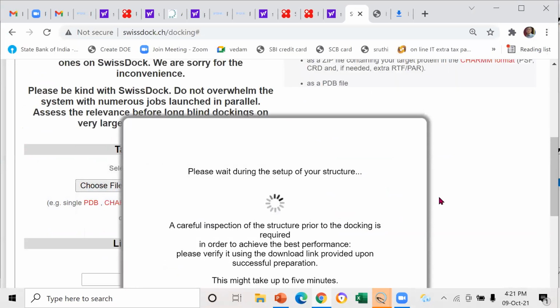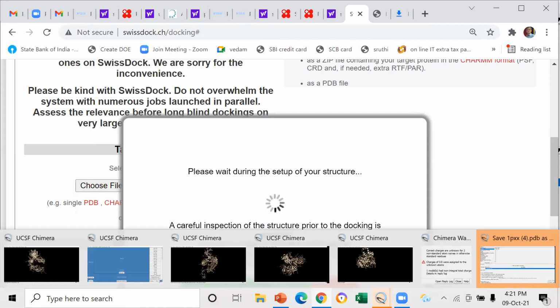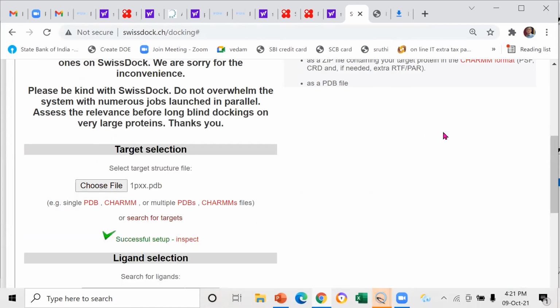Swiss Dock will check whether my files are okay. Yeah, this is very important.